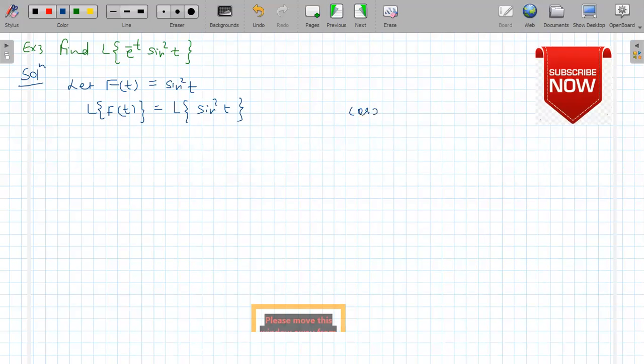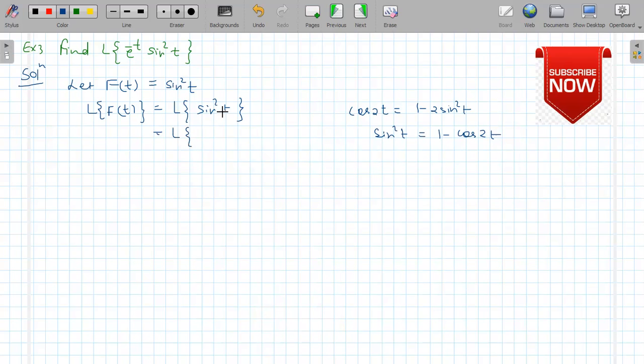Cos 2t is equal to 1 minus 2 sine square t. So the value of sine square t is equal to 1 minus cos 2t, whole divided by 2. So the Laplace transform of sine square t is equal to the Laplace transform of 1 minus cos 2t.